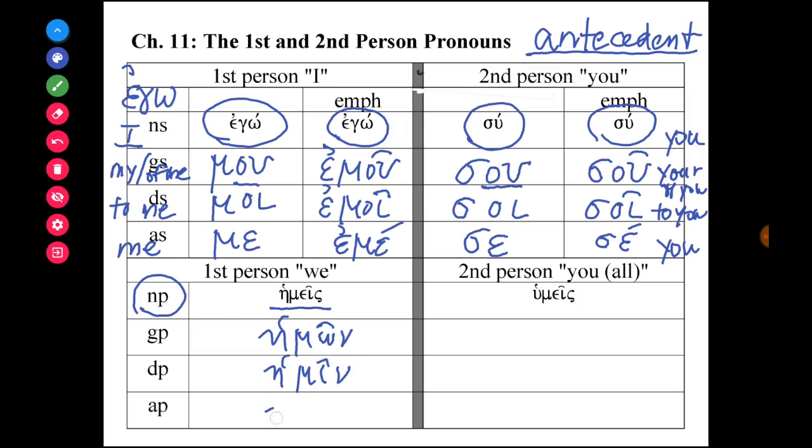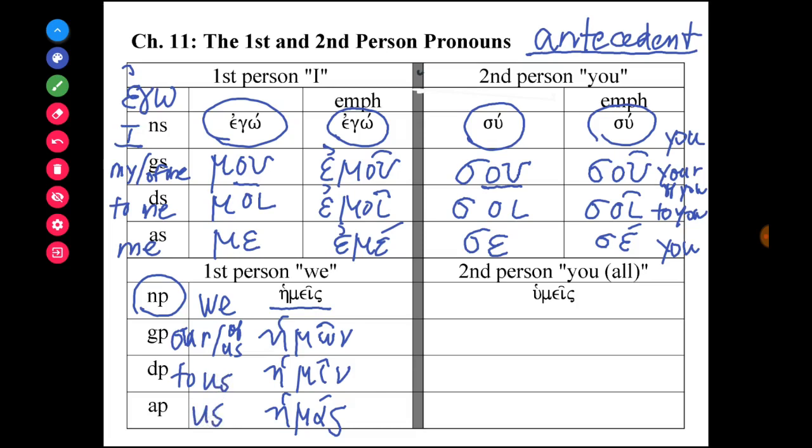And the accusative plural is hemas. And this would be we, our, or of us, our, to us for the dative, and us for the accusative.